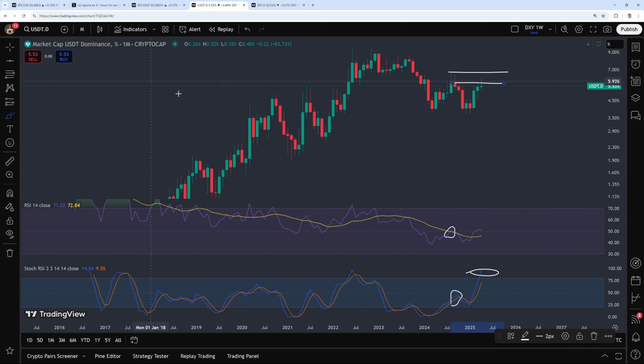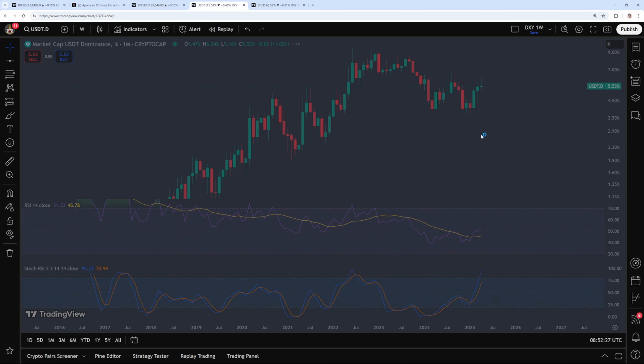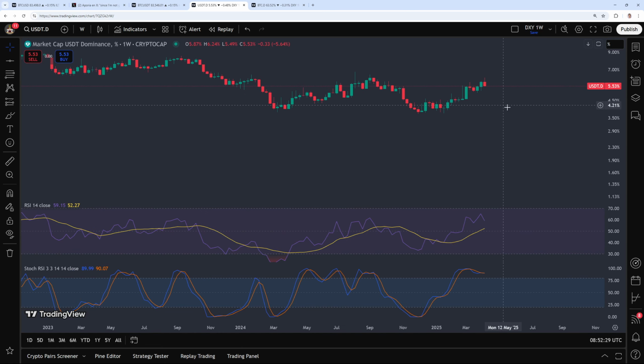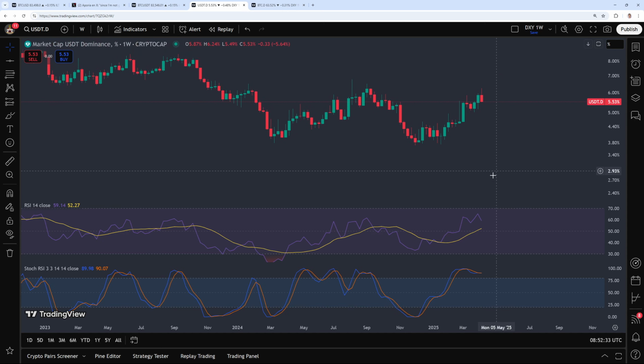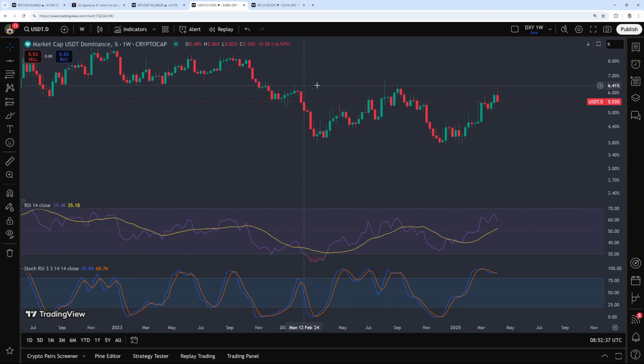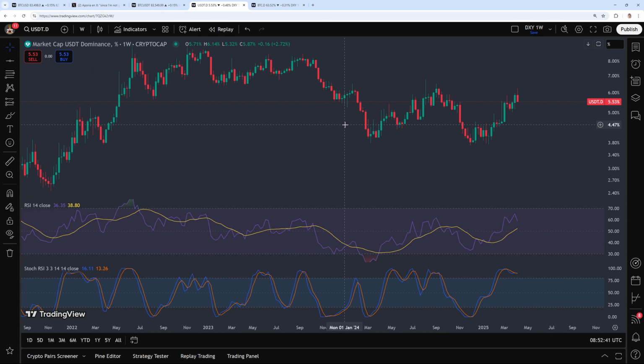But if we go to the weekly, I've said a few times that the key level is this support, right? And I don't want to see it go above that level.